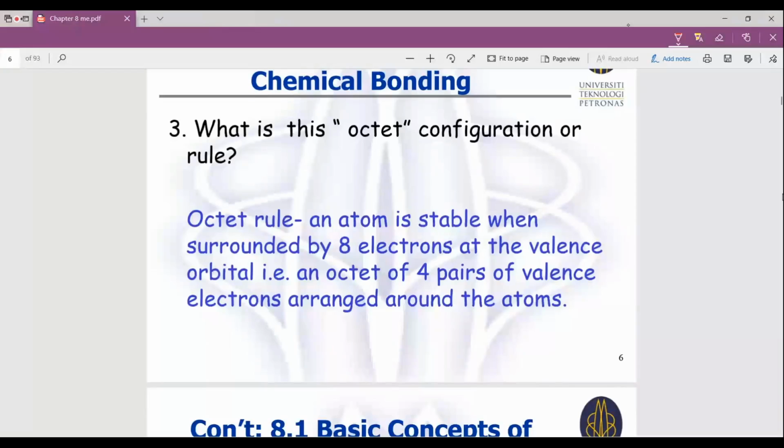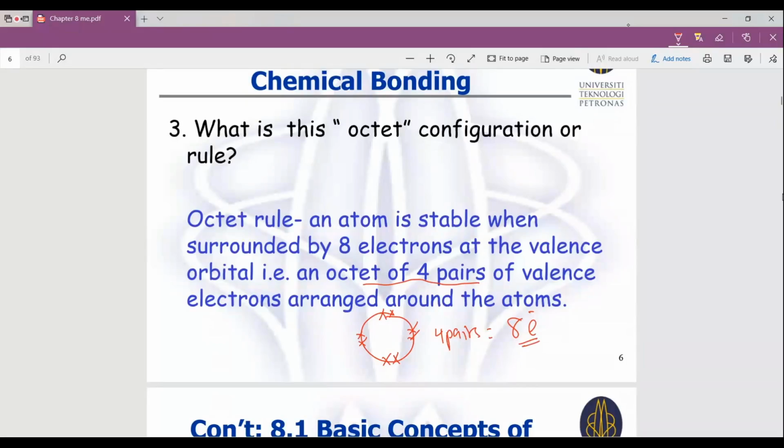So 4 pairs of valence electrons are arranged around the atom. That is 1 pair, 2 pair, 3 pair, and 4 pair, isn't it? So 4 pairs of electrons equal 8 electrons. All of these achieve a stable configuration, which is that the outermost shell must have 8 electrons.